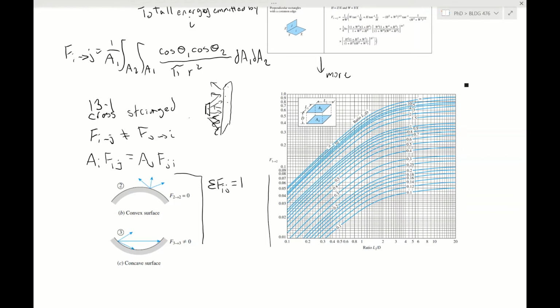And often when it was drawn, you would have your kind of object, maybe it was a pipe or something, and then you would draw kind of like this, and you'd say your surroundings were some temperature. So the idea here was that our view factor was 1. So that was the kind of thing that we were assuming, that we never said explicitly because we're only now learning what view factor is.